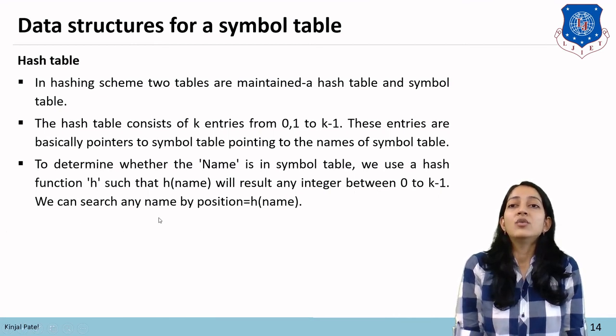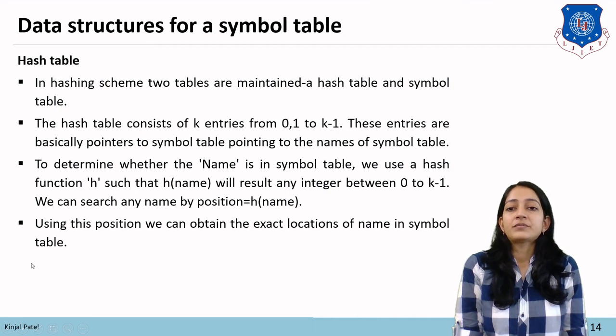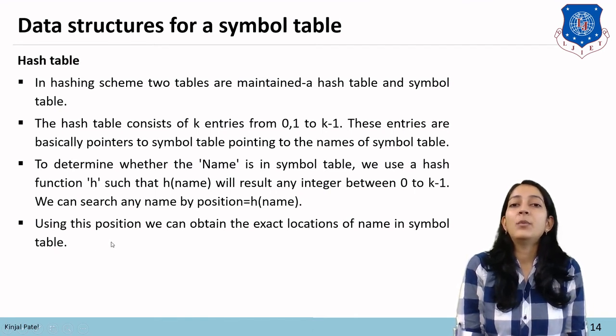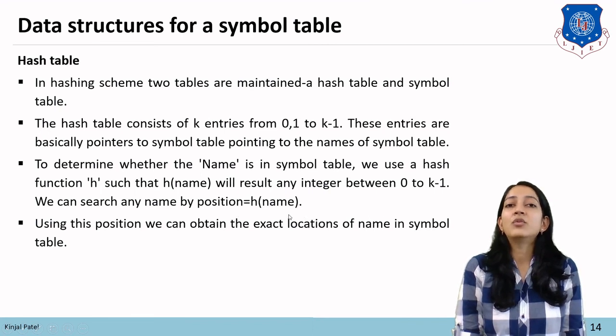So using the hash table we can search any name by its hash value, or we can say its position. Using this position we can obtain the exact location of the name in the symbol table. So in a hash table we can directly retrieve the value by hash value. We need not perform any searching algorithm.